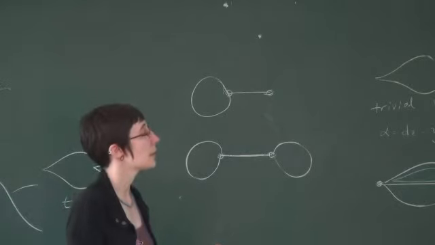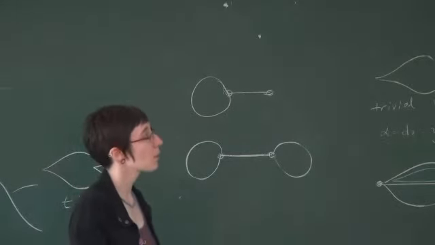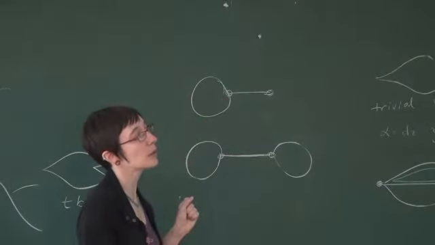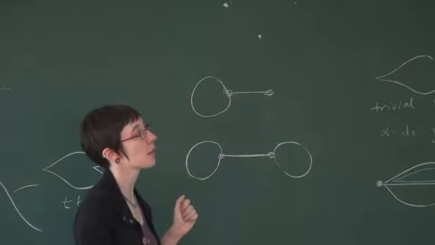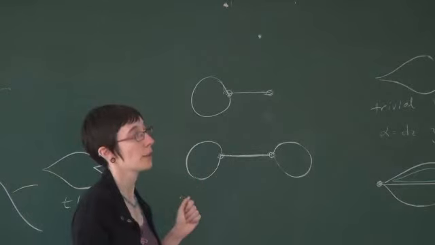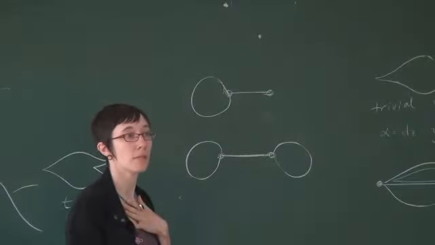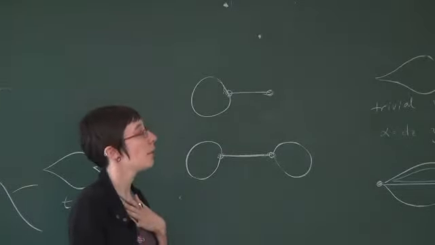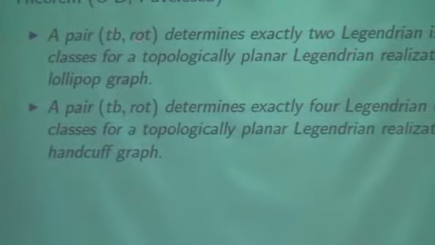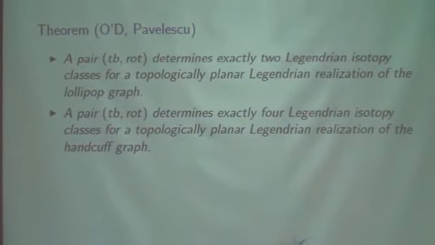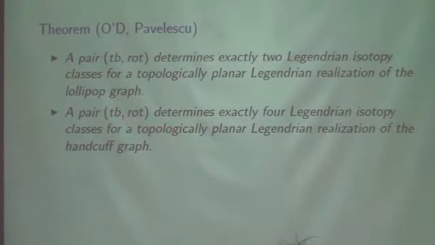And in this case, we can show that for the lollipop graph, there are exactly 2 Legendrian isotopy classes for the topologically planar Legendrian realization for a given pair of TB and rotation. So if you know it's topologically planar and you're given a TB and rotation, then there are exactly 2 possibilities.